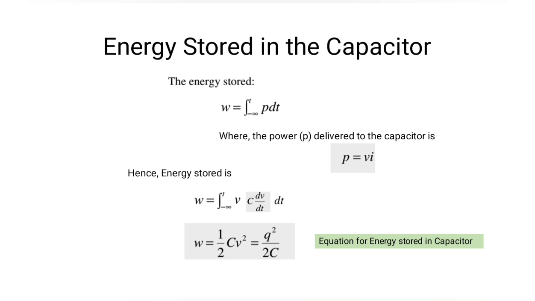And on integrating, dt gets cancelled, and integrating V dV, we get V square by 2. So the final expression for energy stored in the capacitor is W is equal to half C V square, or in other way we can have Q square by 2C.